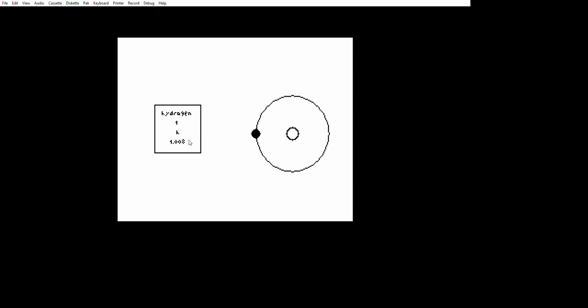But you could make it interactive so that you have a list of all the elements, and you click from a list up here, and then you put it in here, and then it calculates this, and it changes the model over here. That's a real possibility, but I don't have time for it.